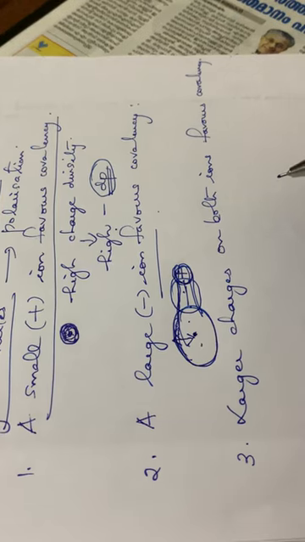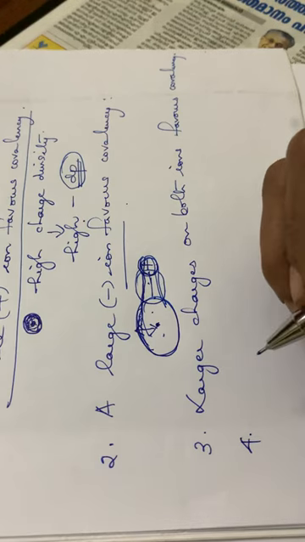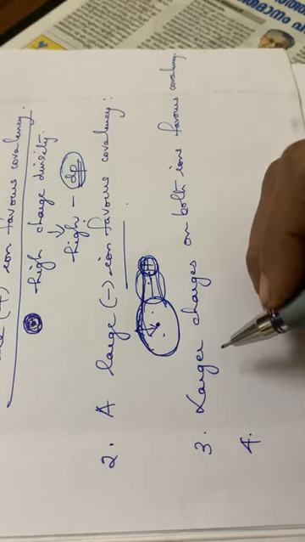Then the last point is that if the ion has a noble gas configuration, covalency is not favored.